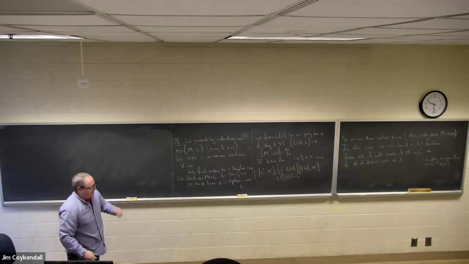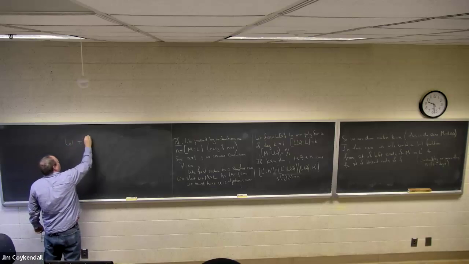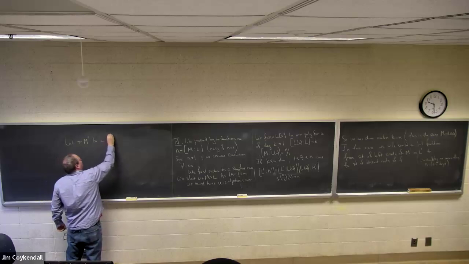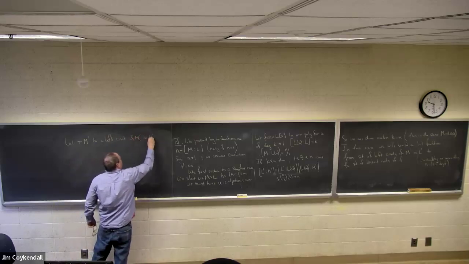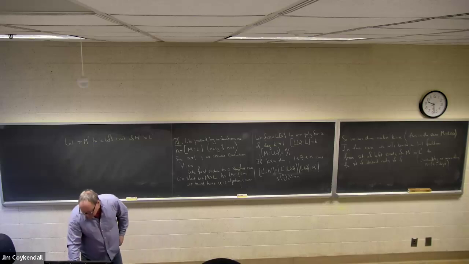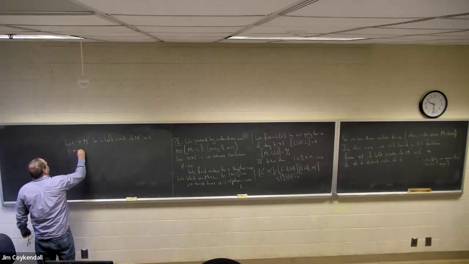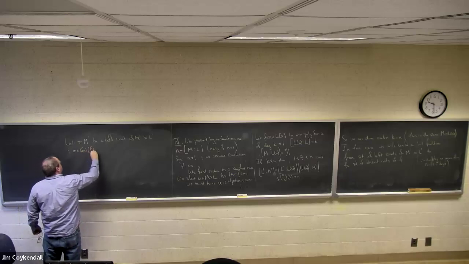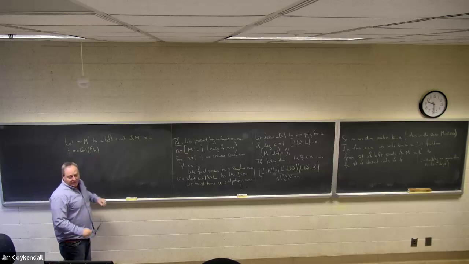Well, let M prime be the left coset, and sigma in the Galois group of F over M. So this just means sigma is an automorphism of F that happens to fix M.